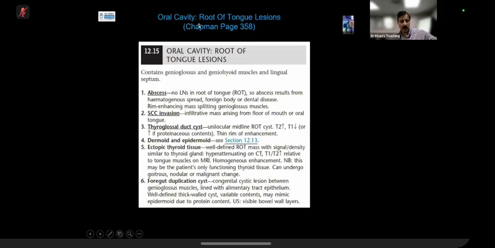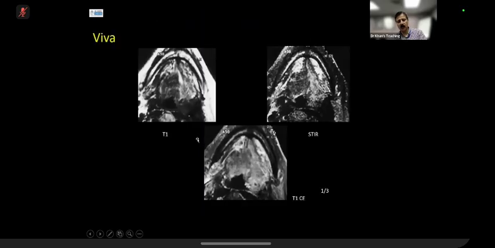So do you see this in your Chapman? Root of tongue lesions, dermoid and epidermoids can happen there. So please remember that oral cavity, dermoids and epidermoids.